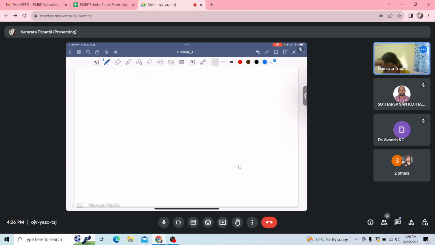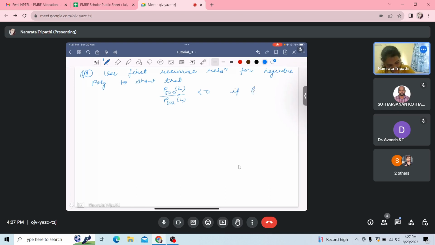Now let's move to the next question, question number 8. Use first recurrence relation for Legendre polynomial to show that P500 of L upon P502 of L is less than 0 if P501 of L is 0.